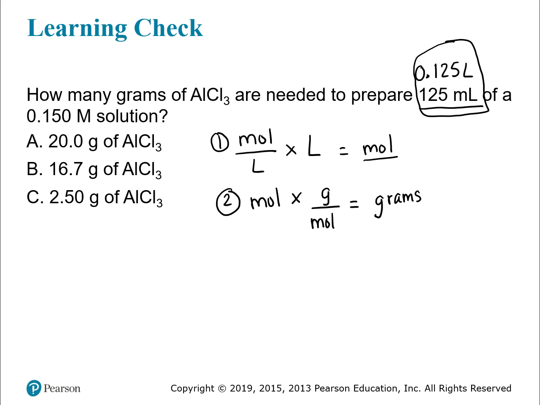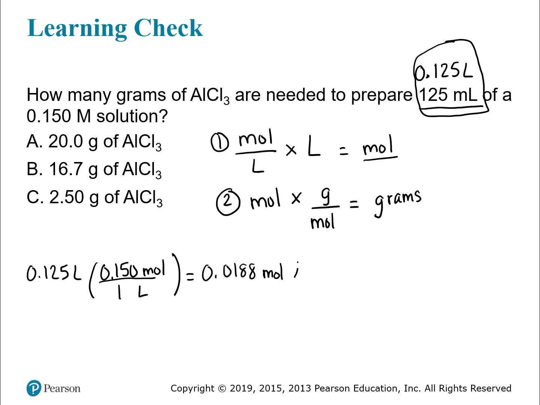To fill in the numbers, you're going to take your volume of 0.125 liters and multiply by your molarity, which is again moles per liter. That tells you how many moles of aluminum chloride you need to make this solution.